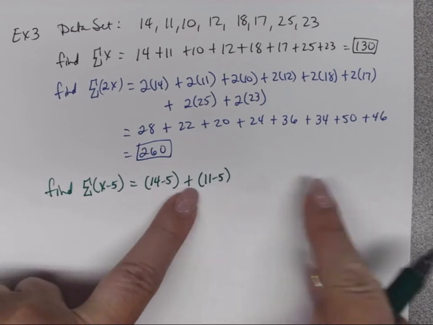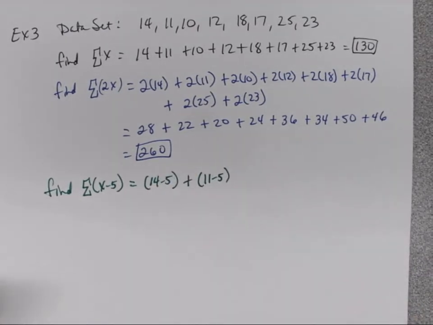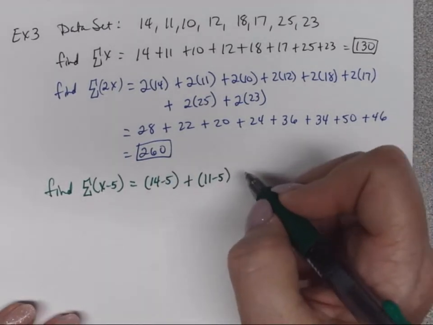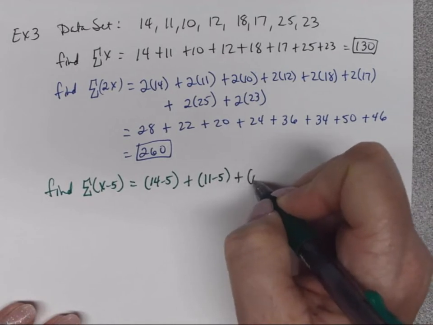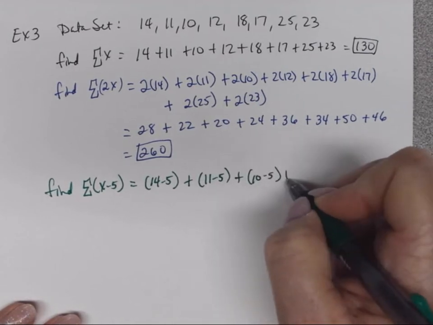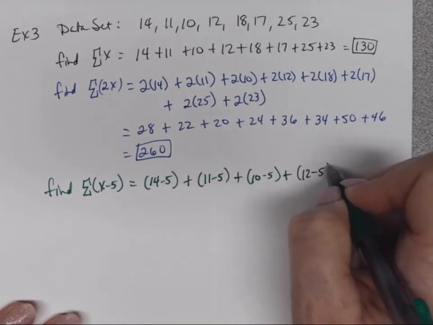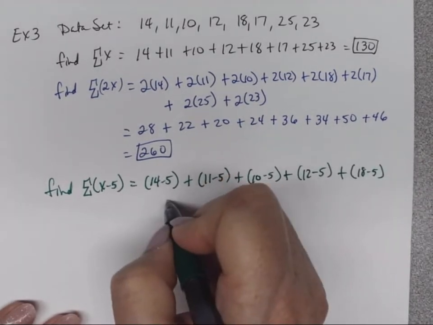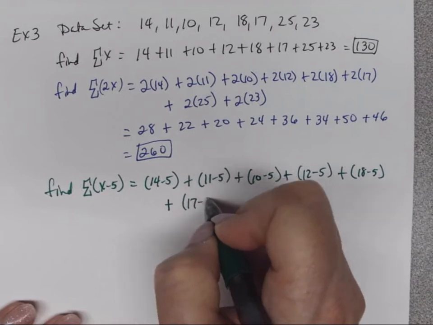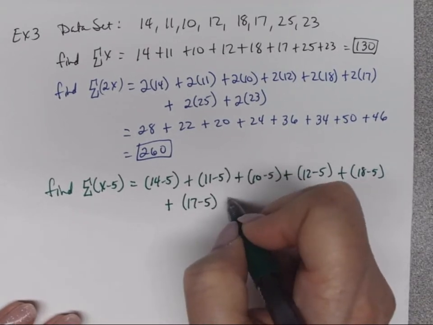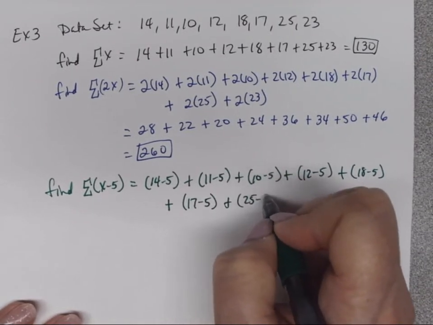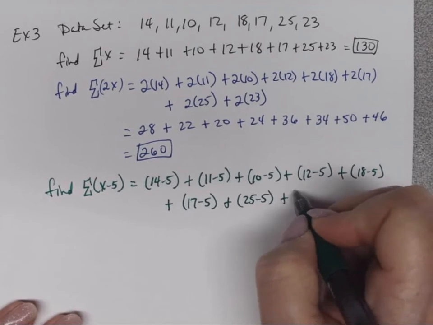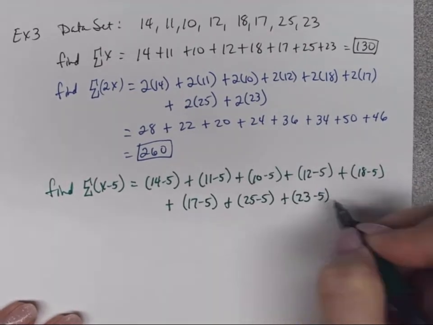Because we're just adding each term, that just shows me the grouping of what I'm doing. So 11 minus 5 plus 10 minus 5 plus 12 minus 5 plus 18 minus 5 plus 17 minus 5 plus 25 minus 5 plus 23 minus 5.